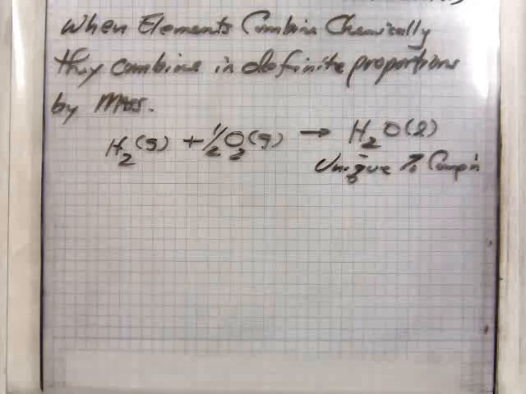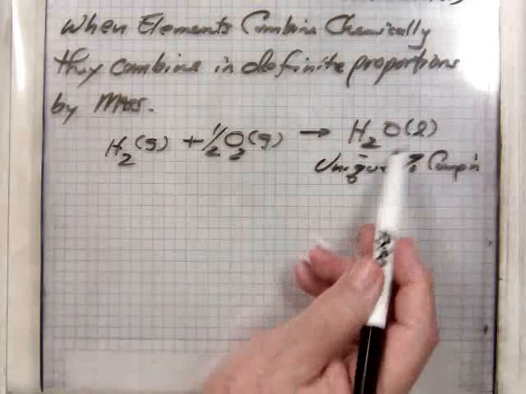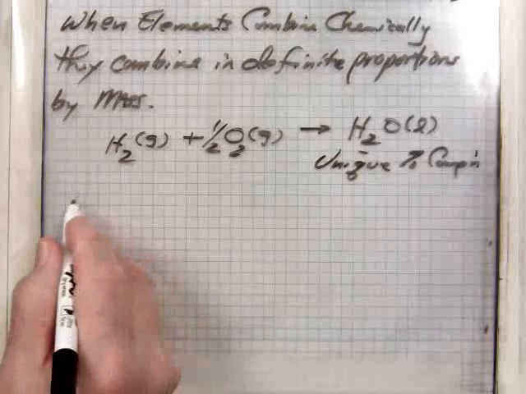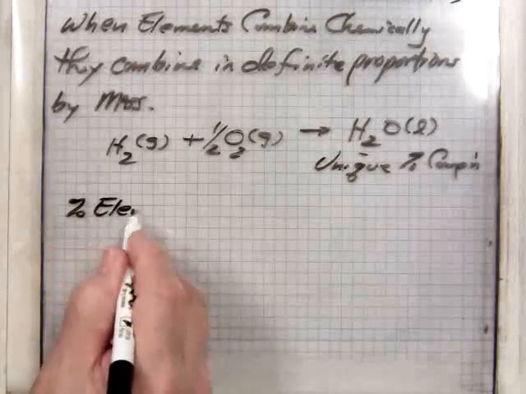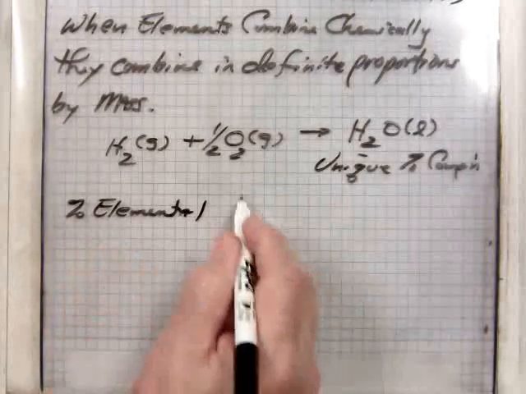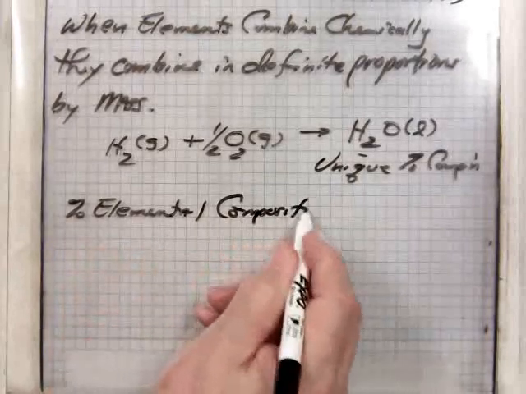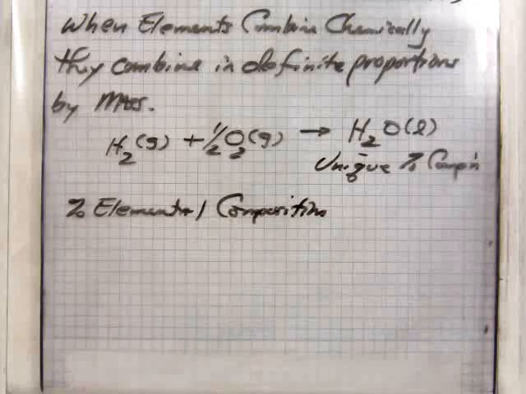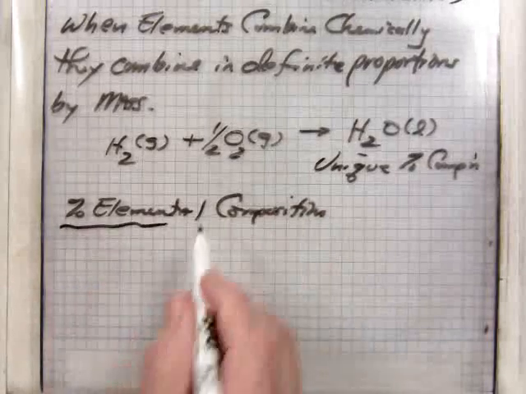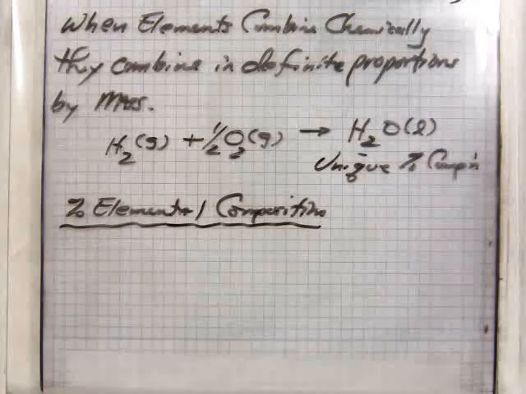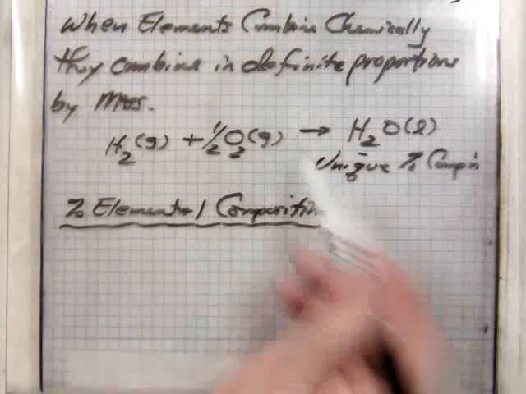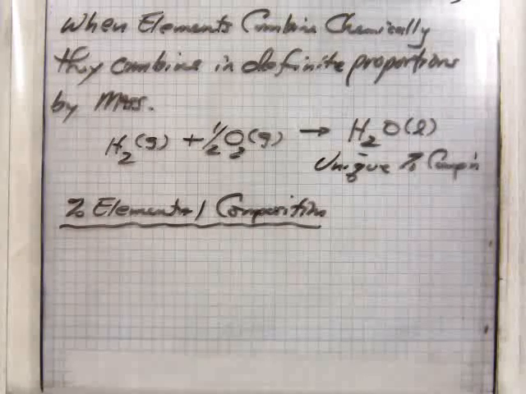And what you need to learn how to do at this point is determine the percent elemental composition. That is, what is the percent of each element that makes up that compound? And it's always the same for that given compound. And there are many compounds out there that have the same percent compositions as you go through them. But that one compound is always in that percent composition.